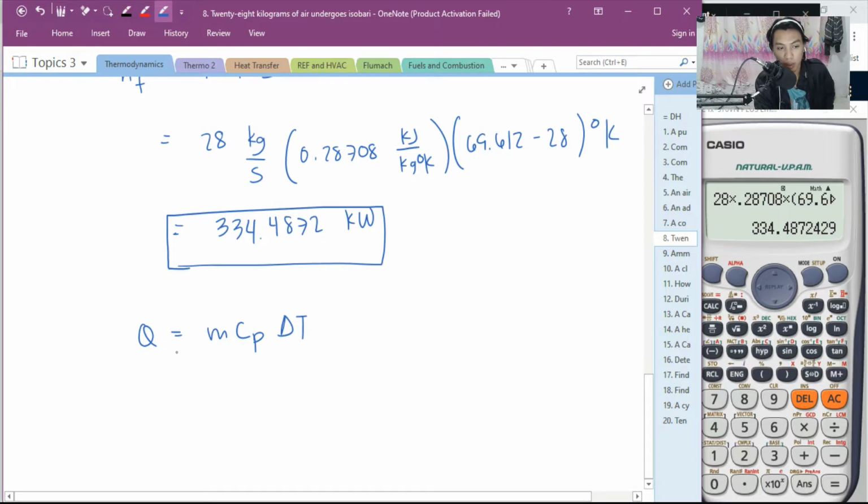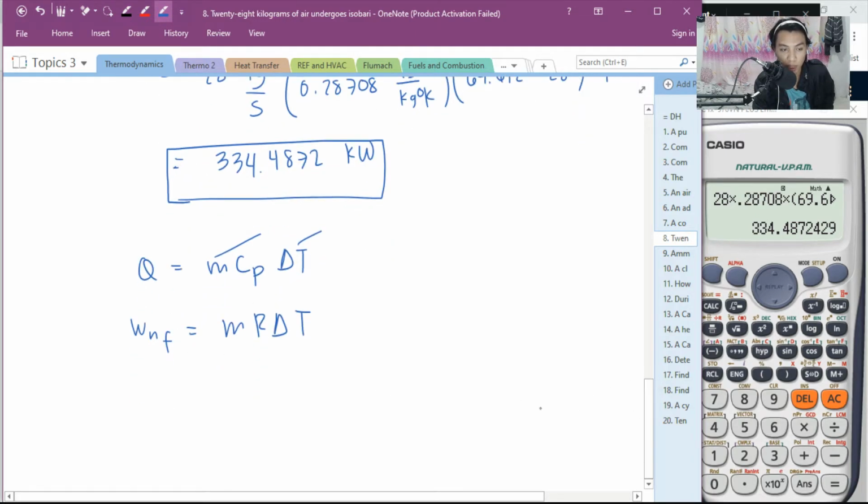Ang hinahanap natin is work non-flow, M R delta T. Tignan mo yung dalawa. Ano yung common? Di ba M delta T? Kahit hindi mo na alamin yung value, meron ang value ni Q. Ito yung shortcut. Q, divide mo na lang Cp, that is equal to M delta T.